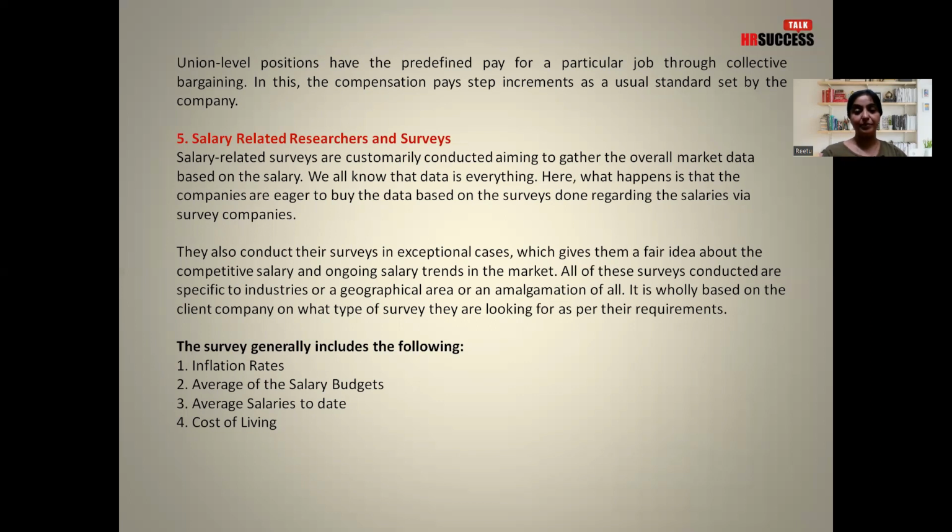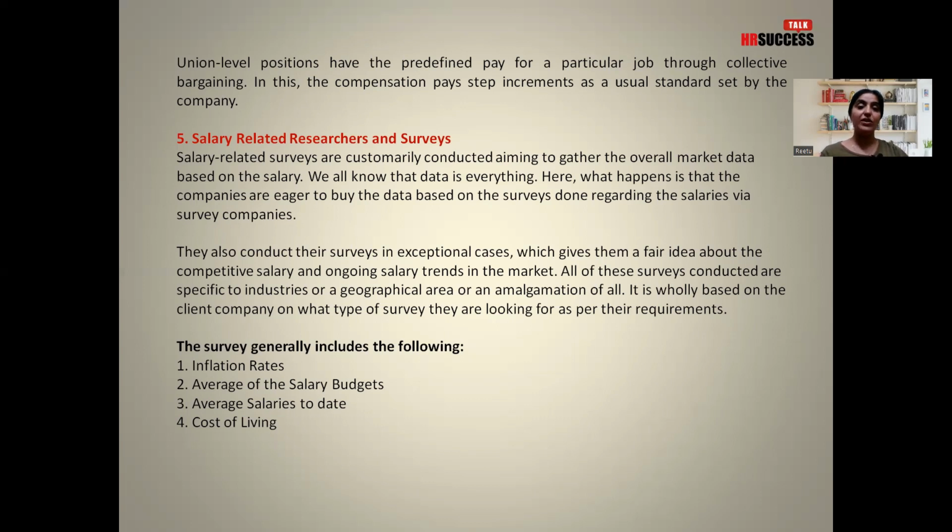So here we have understood what are the steps taken before we come up with a solid or a strong compensation structure for an organization. So this particular topic is taken up on a very high level. It is a topic which requires a lot of work and understanding and learning in its own way.